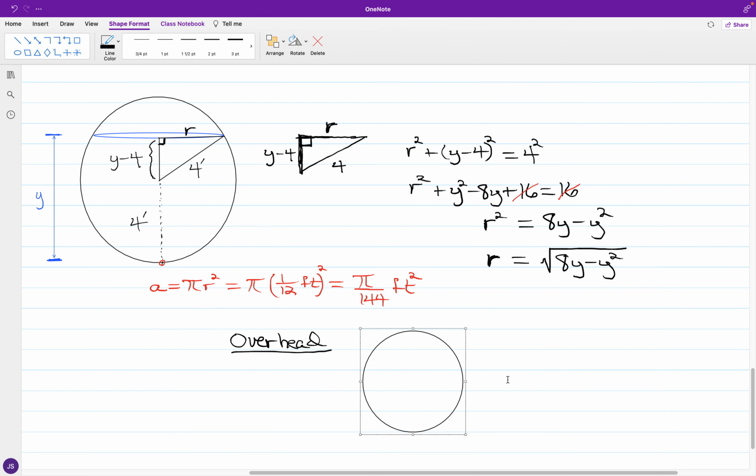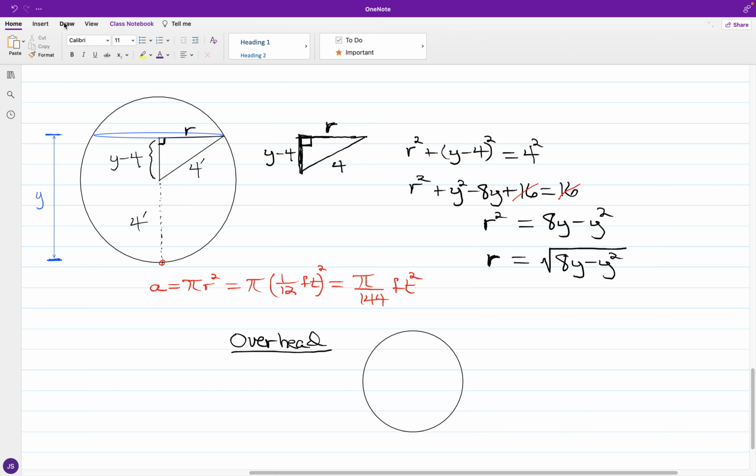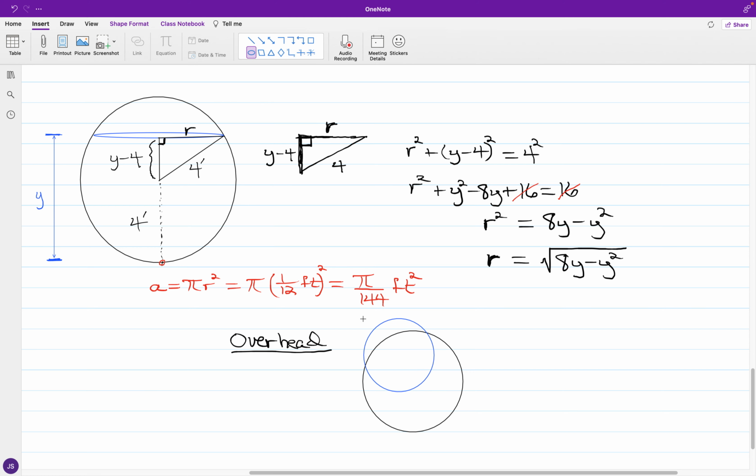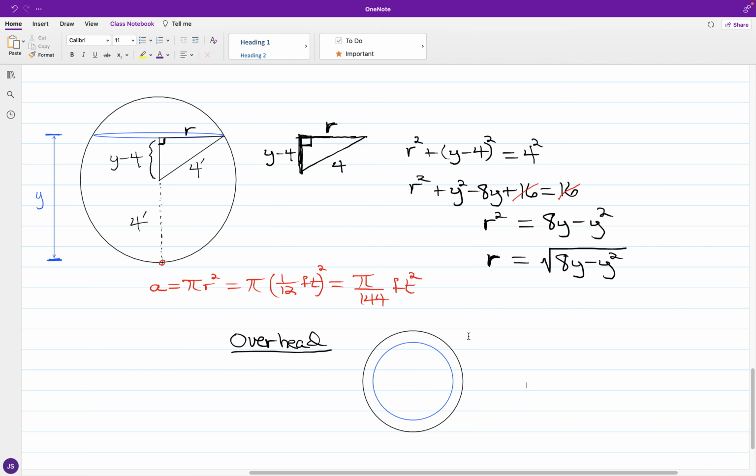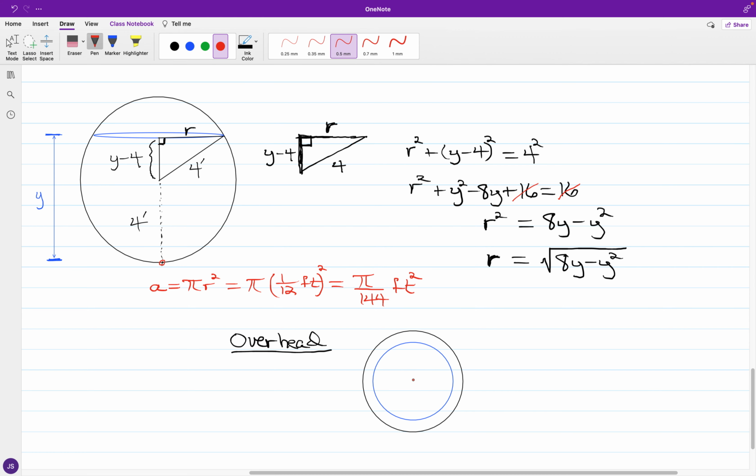The outside will be in reference to the overhead view of the tank, and the inside will be in reference to the liquid level. And of course you have the hole at the bottom.